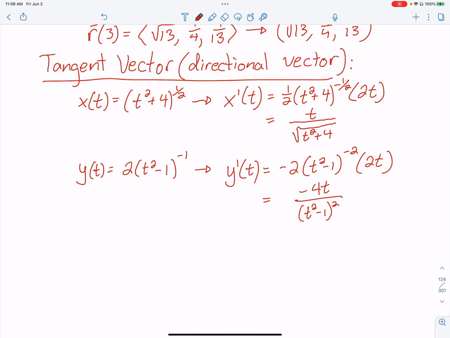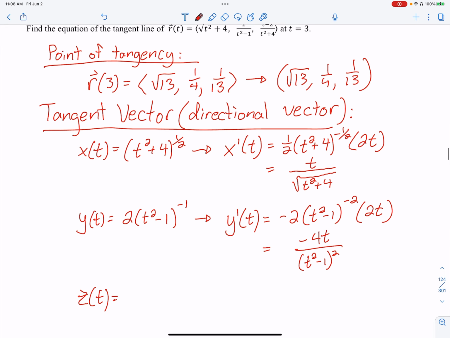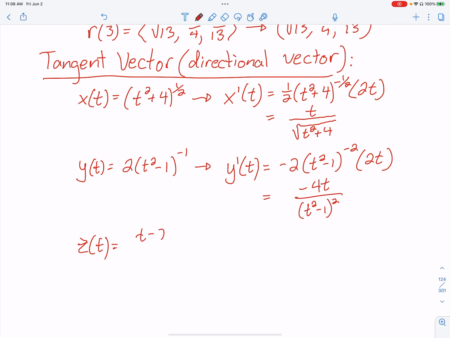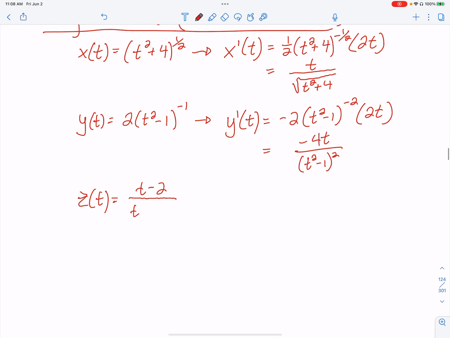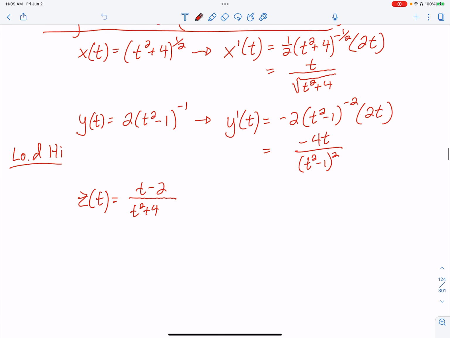All right, we got one more. These get gross, but it's okay. z of t is t squared over t squared plus 4. Now this one I think I'm going to do the quotient rule as a review. The way I have it memorized is low d high, minus high d low, over low squared.